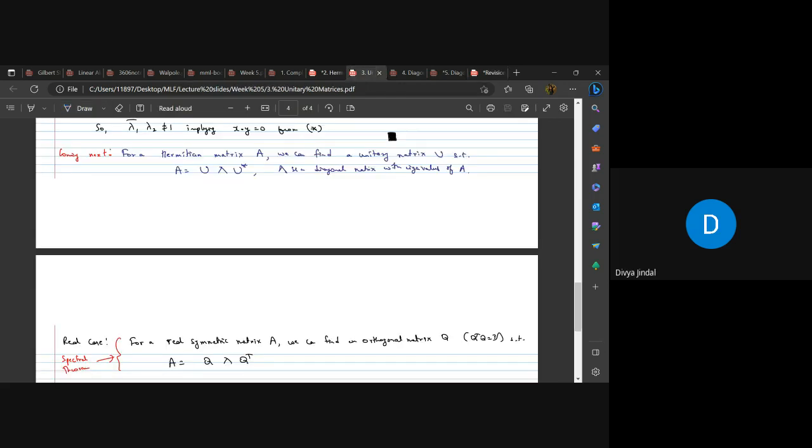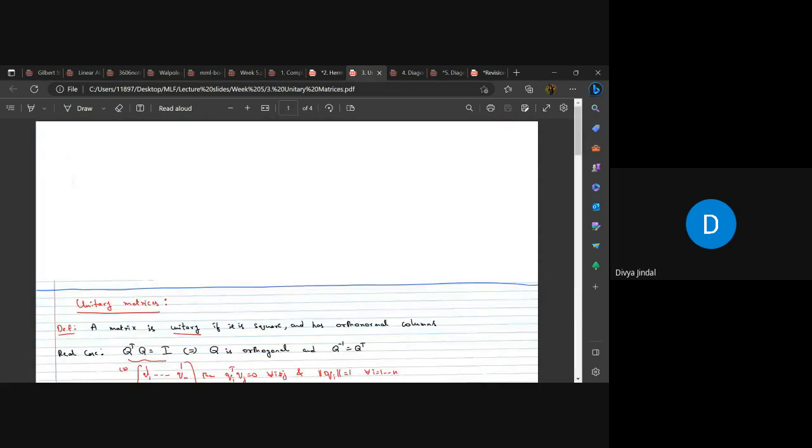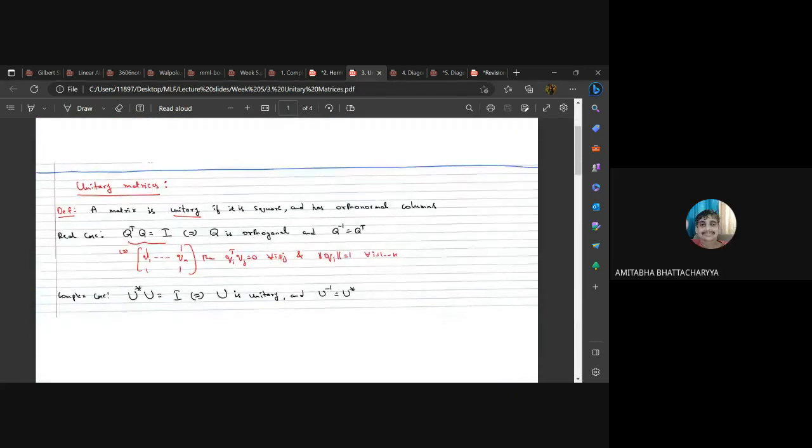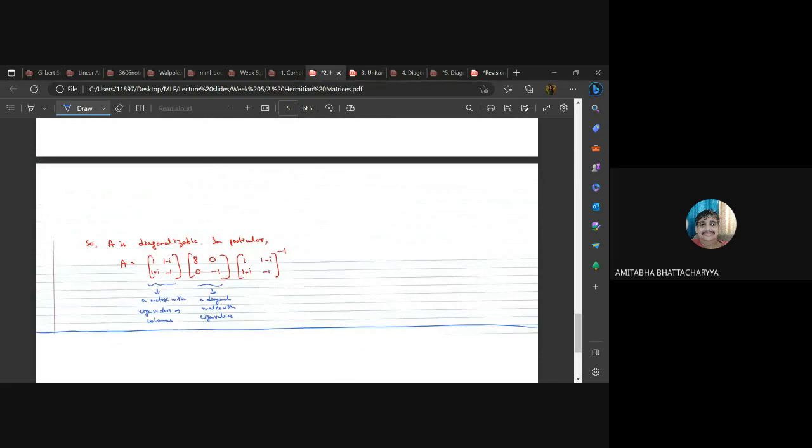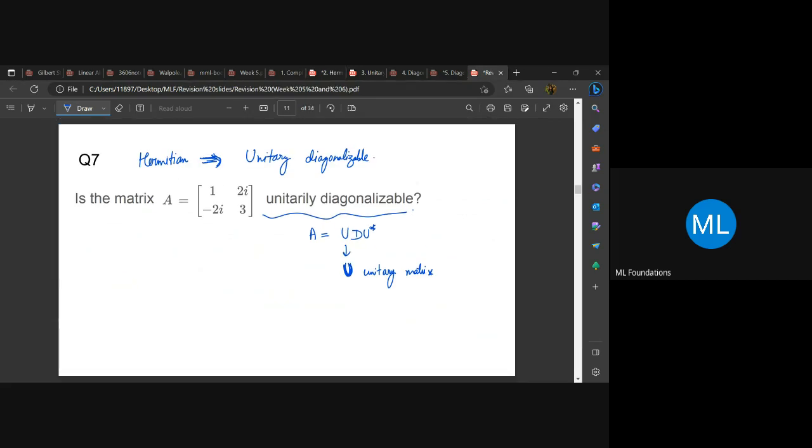But I thought it was diagonalizable only if the eigenvalues are distinct. Yes, in that case it is diagonalizable. But what we are saying is, if I give you one matrix, when can you say it is unitary diagonalizable?